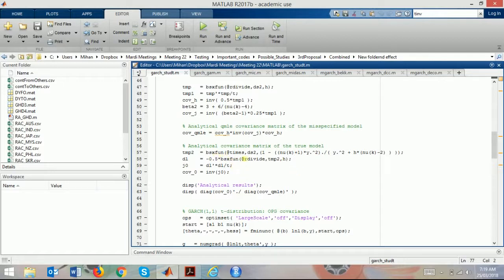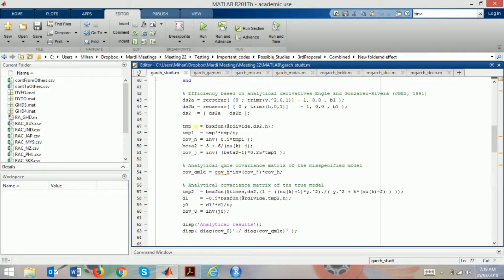Times 61 is multiplying DS2 with this, which is nu plus 1 divided by y square, sigma square, divided by sigma square plus h, nu minus 2 something, not sure what it is.